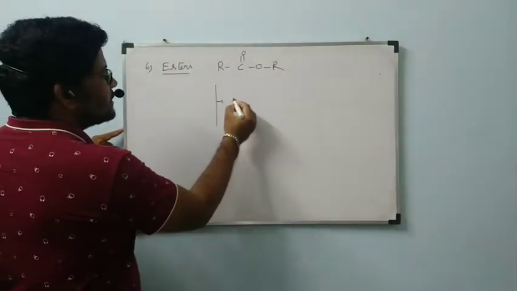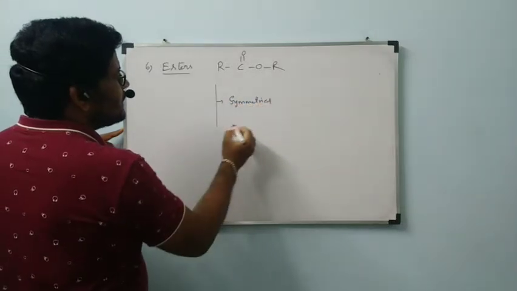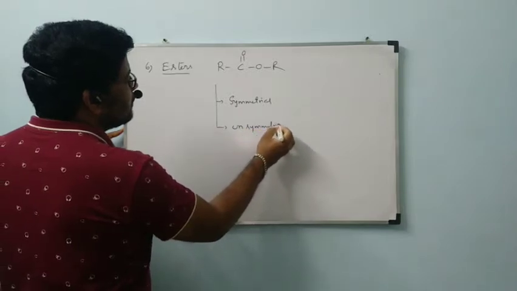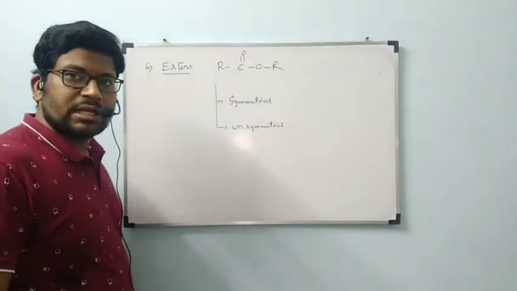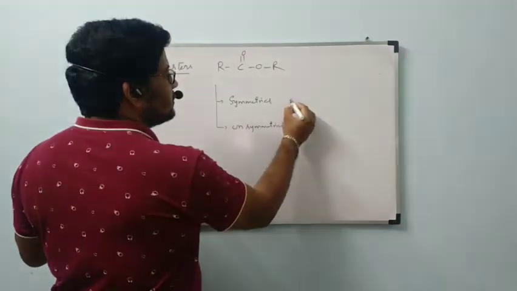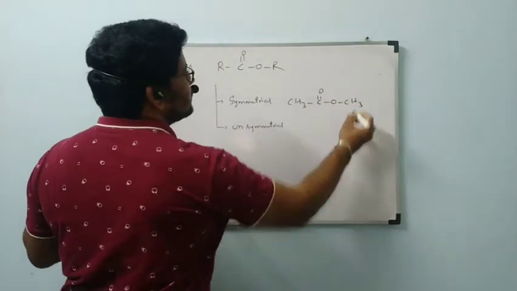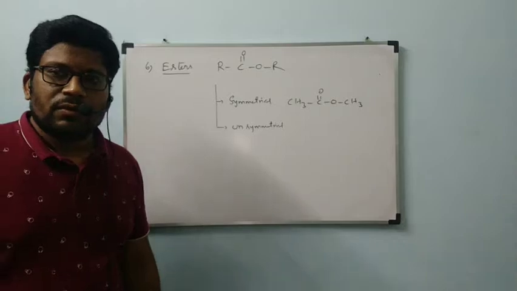Esters are of two types, symmetrical and unsymmetrical. When the two R groups are the same, that is called a symmetrical ester. CH3 C double bond O, O CH3.